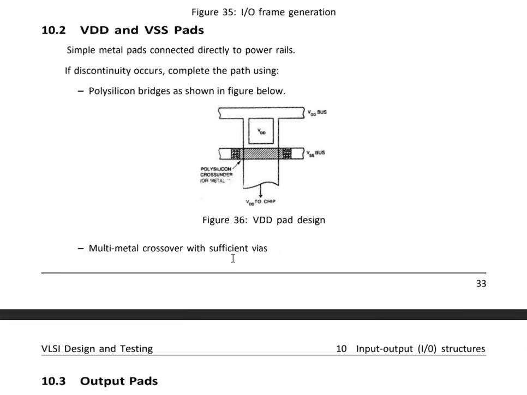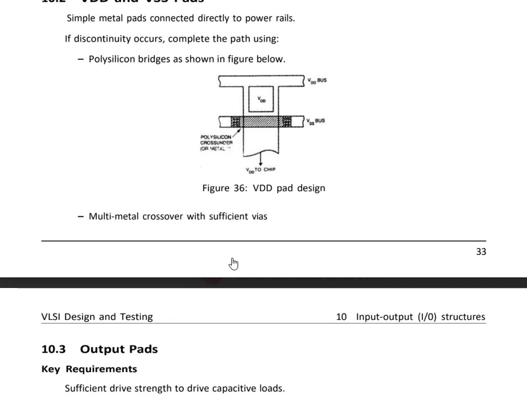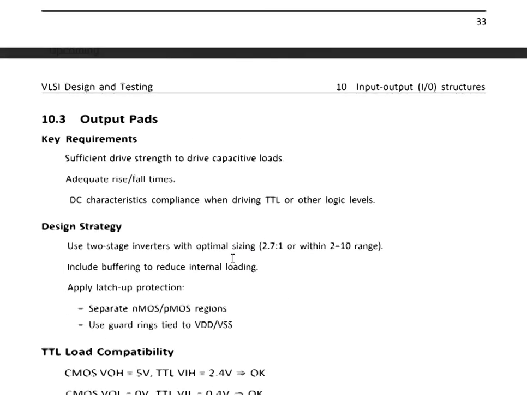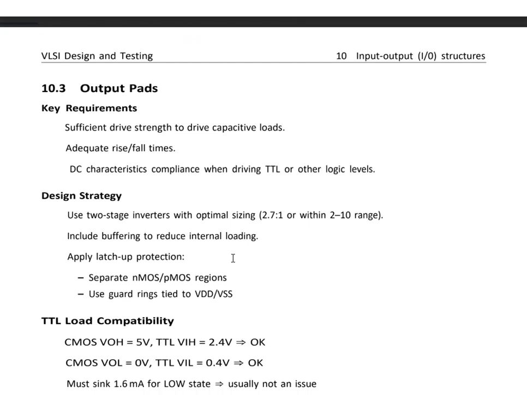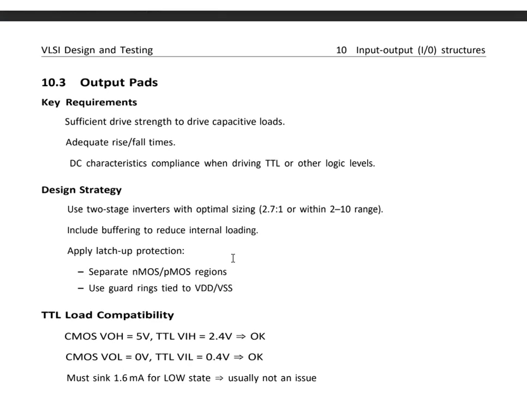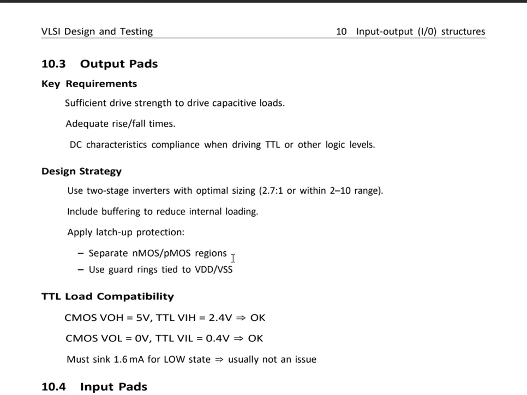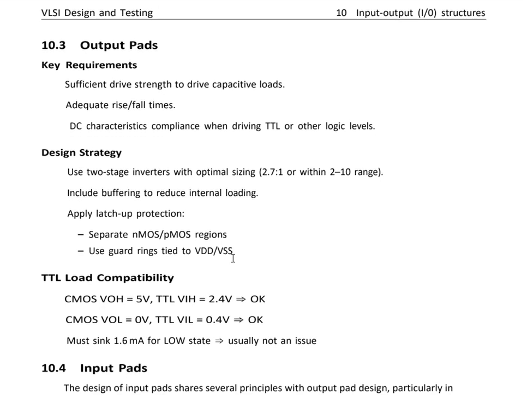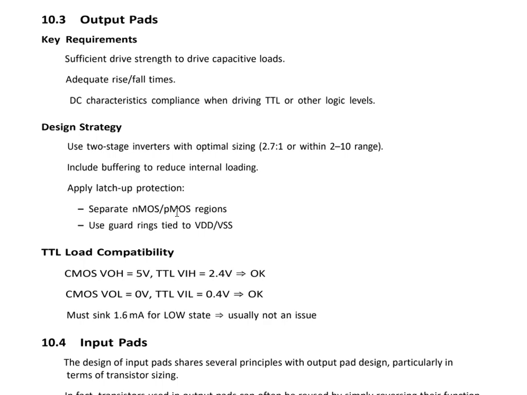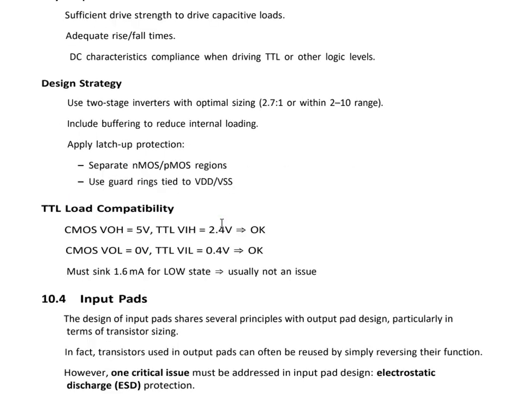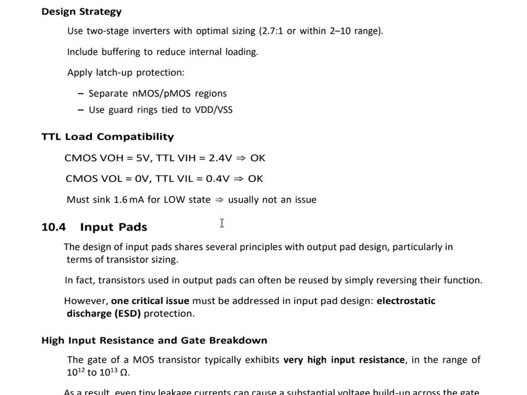Next is the VDD and VSS pad, that is simple metal pads that connect directly to the power rails. And next is the output pad. It must have sufficient drive strength to drive the capacitive load, and in the output region you apply latch-up protection and separate NMOS and PMOS regions.